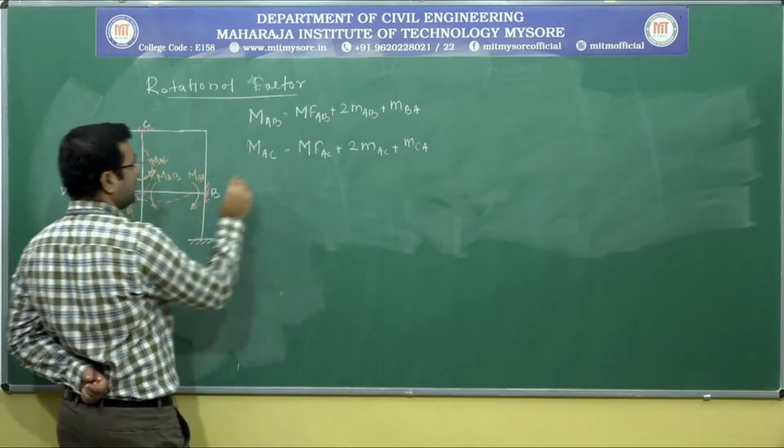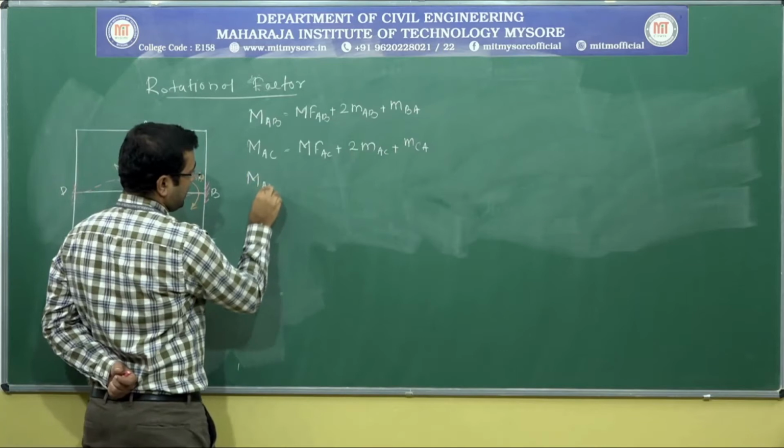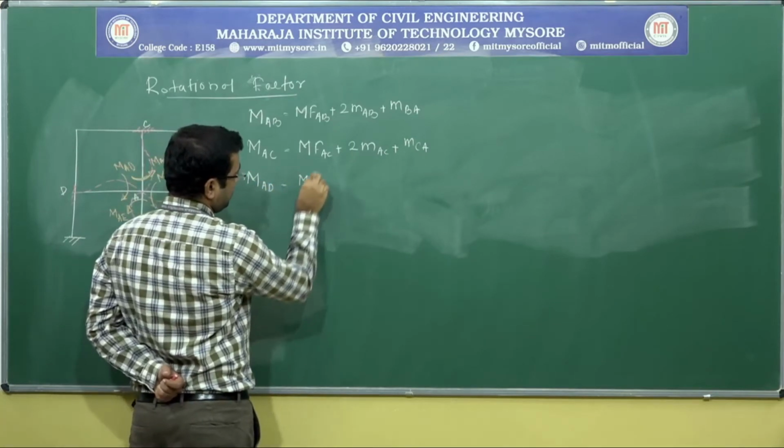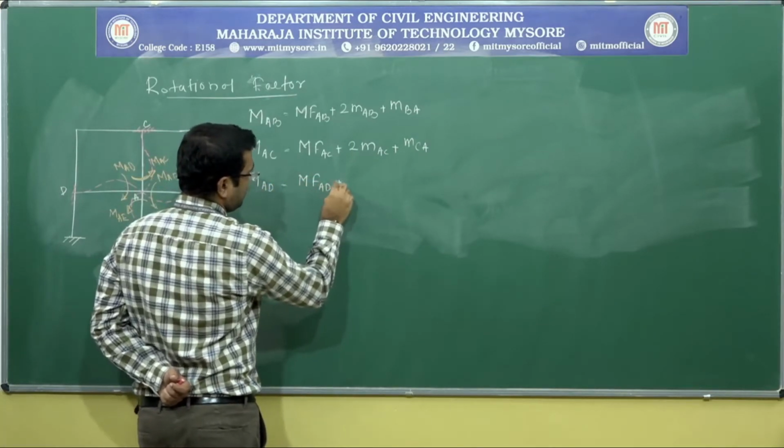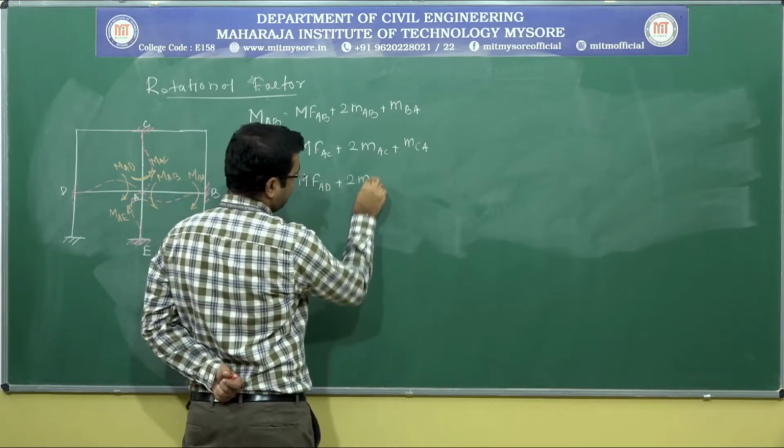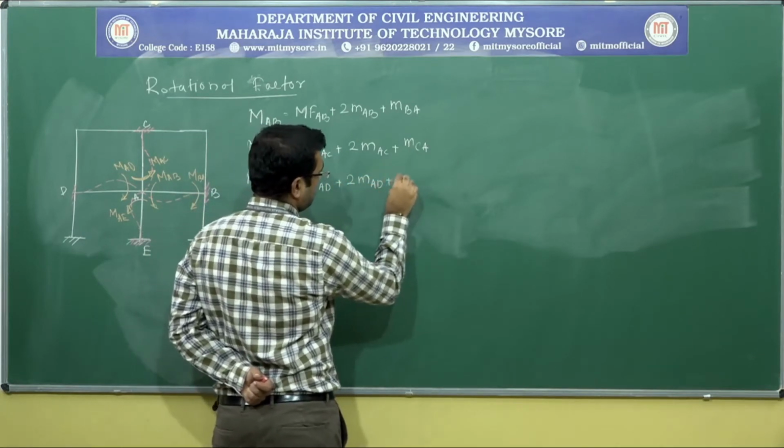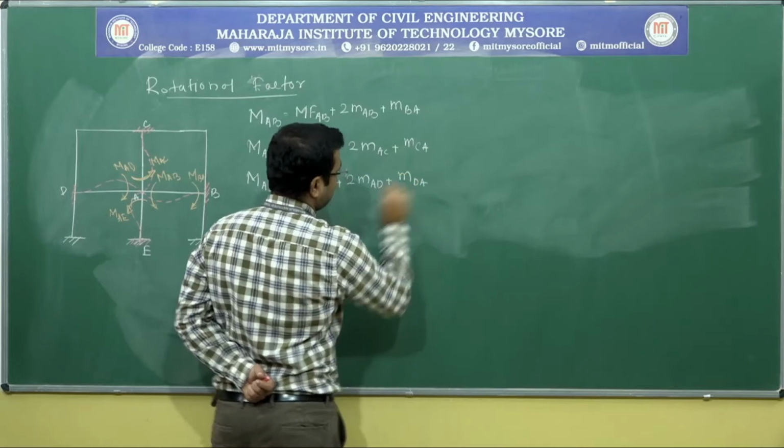And similarly for MAD, it is MFAD plus 2 times MAD plus 1 time MDA.